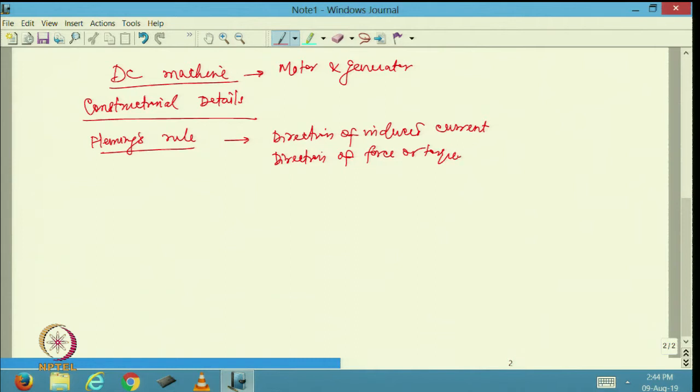So, this is for motor and this is for generator. For generator, we will normally use Fleming's right hand rule, whereas for motor we will use left hand rule. So, these two we will be looking at.